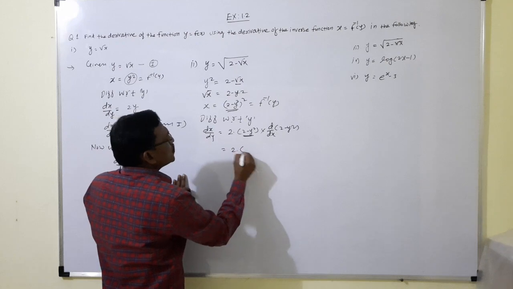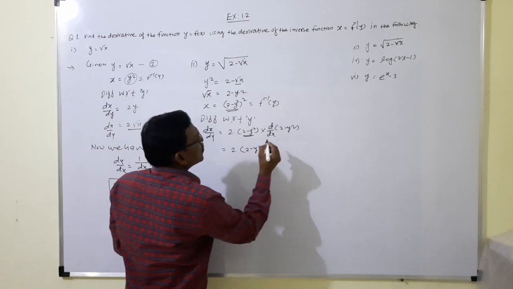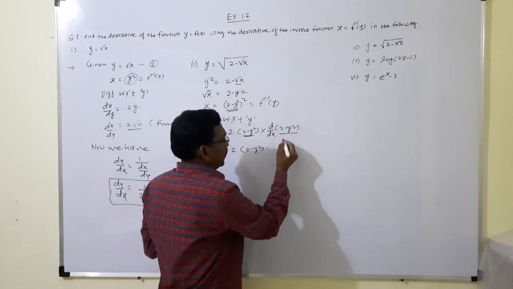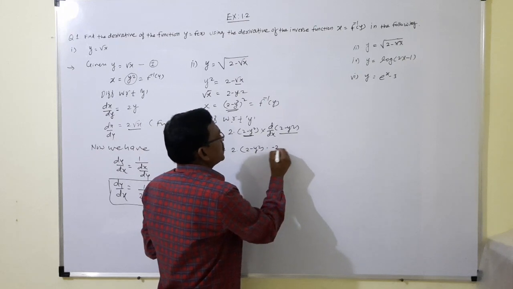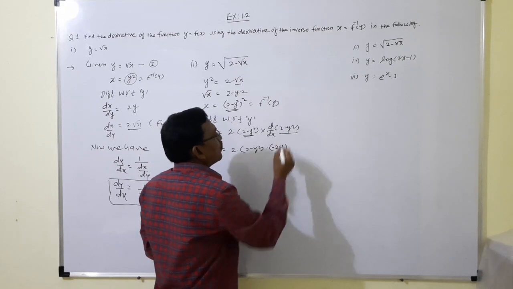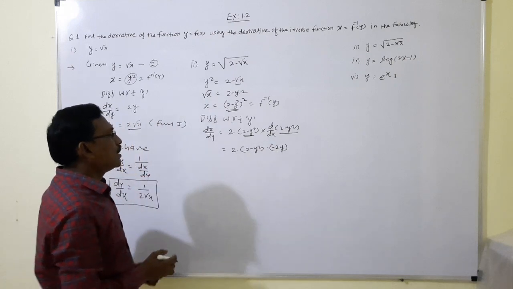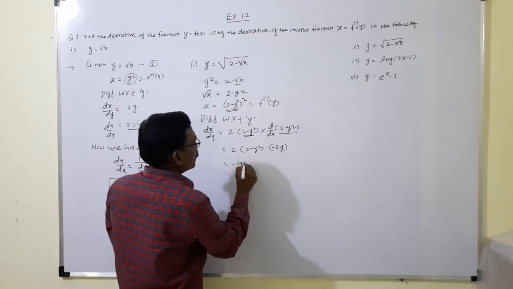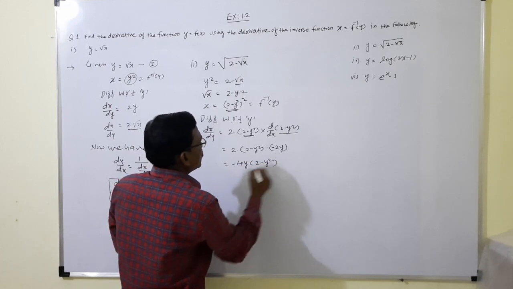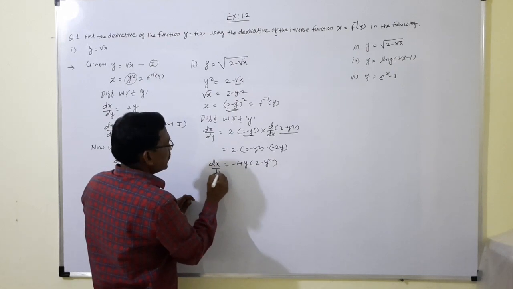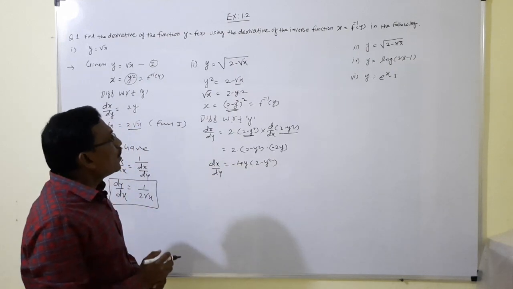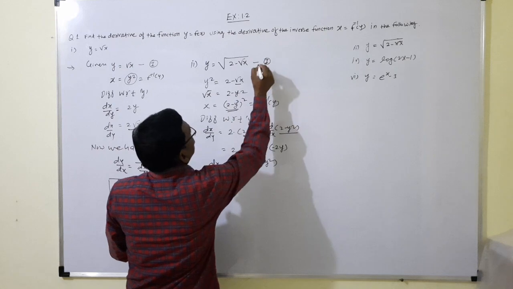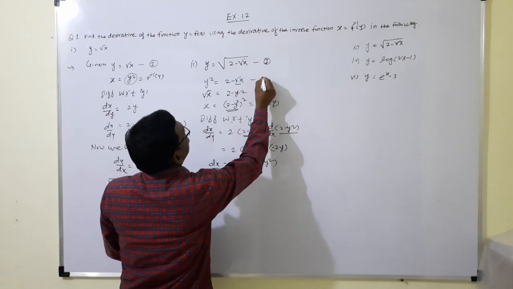The derivative of the constant 2 is 0, and minus y square gives minus 2y. So 2 into minus 2y is minus 4y, into 2 minus y square. This is dx by dy, equation second.